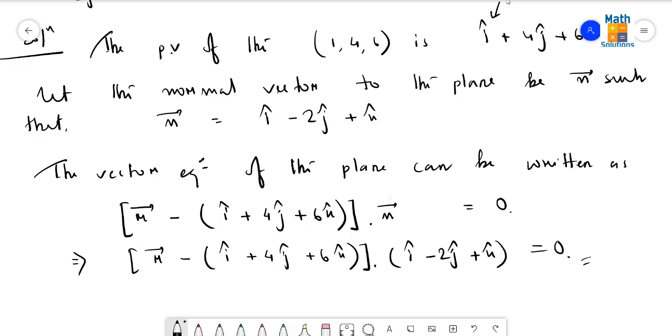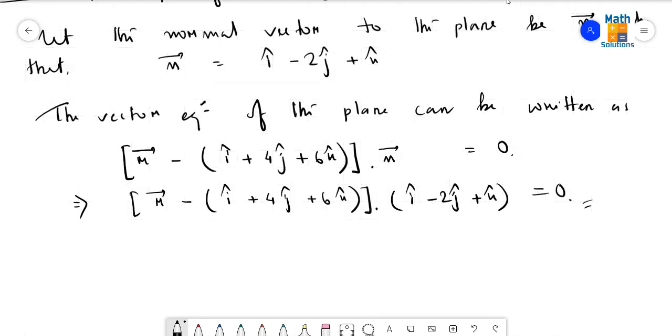Then we shall come to the Cartesian equation, and for the Cartesian equation of course we have to consider an arbitrary point, say x, y, z lying on the plane, for which vector r could be x i cap plus y j cap plus z k cap.